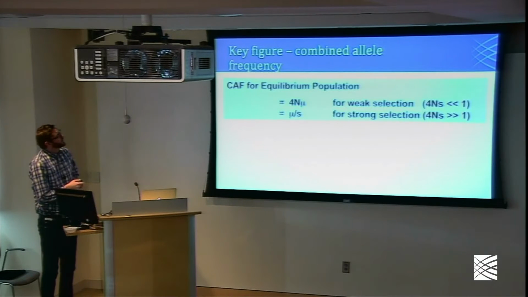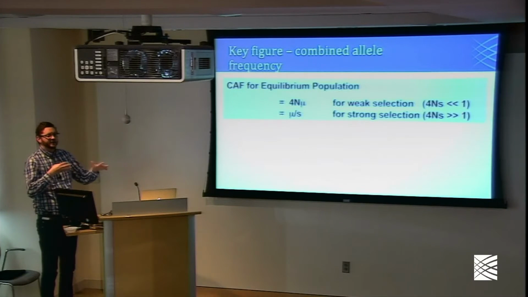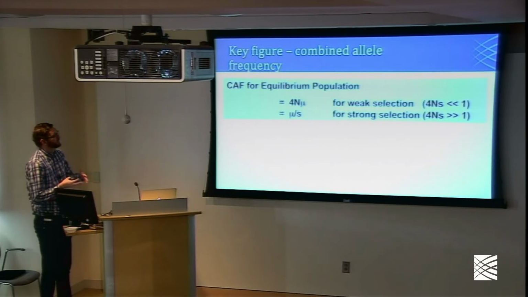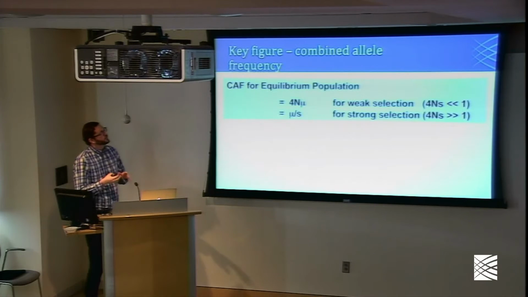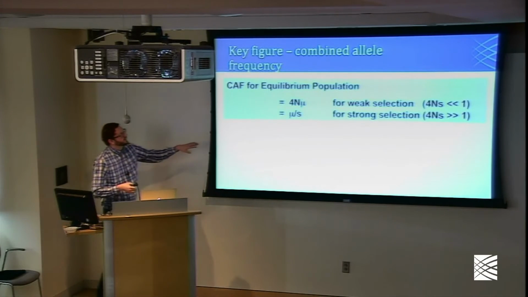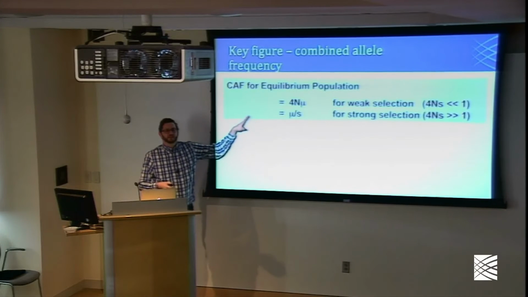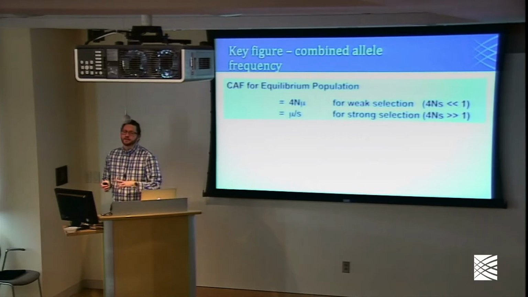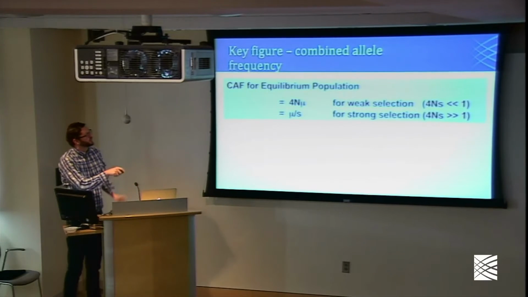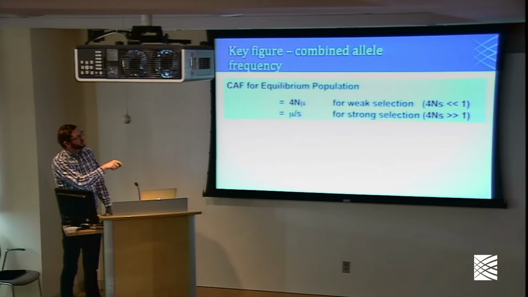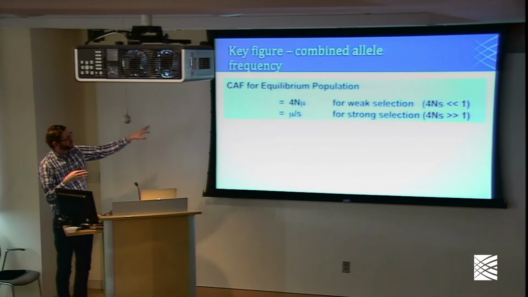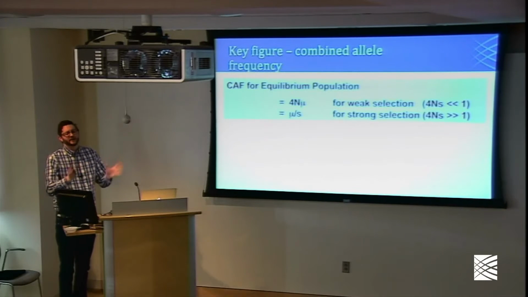Now, there are a couple of nice population genetics rules of thumb. The rule of thumb is that for things under weak selection, the combined allele frequency is a function of the effective population size and the mutation rate. And this N_e is the effective population size.